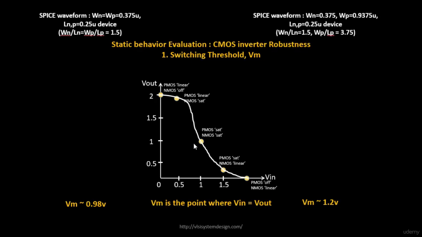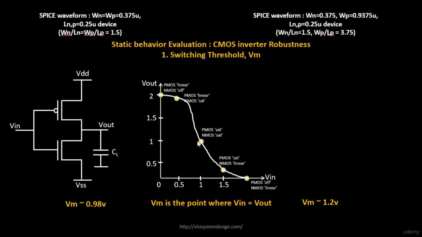The reason they are turned on is because their gate voltage is very much above the threshold. In this case your Vin is equal to Vout. When Vin is equal to Vout, your gate voltage is equal to your drain voltage, which means VGS is much greater than your threshold voltage. So these are the conditions.